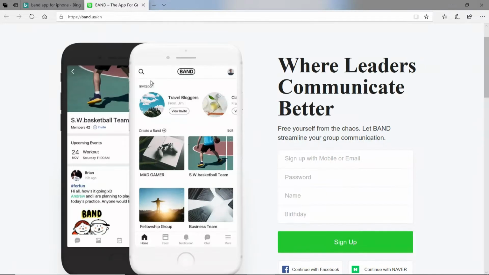For example, if your class is English Conversation 016, please type out English Conversation 016. If it's English Communication 097, please type out English Communication 097, and you will be able to find the group.